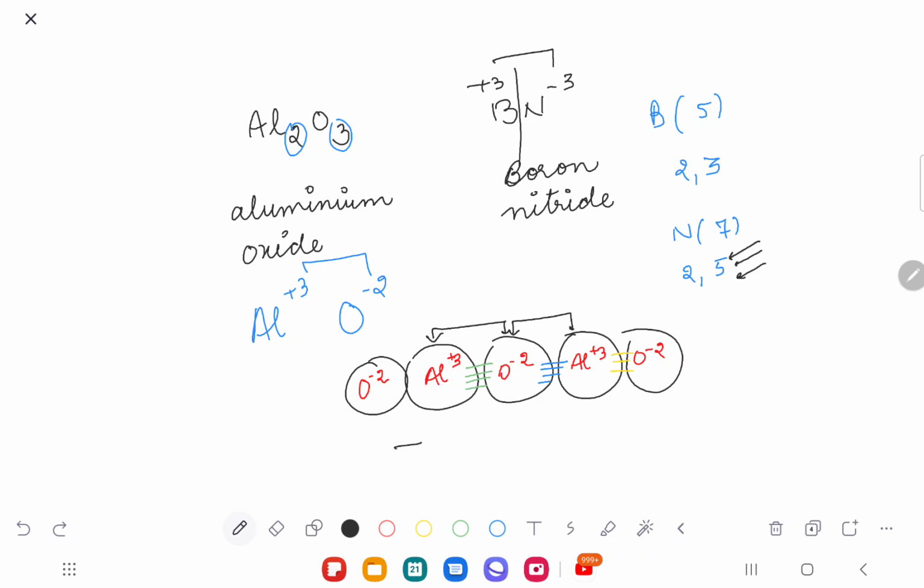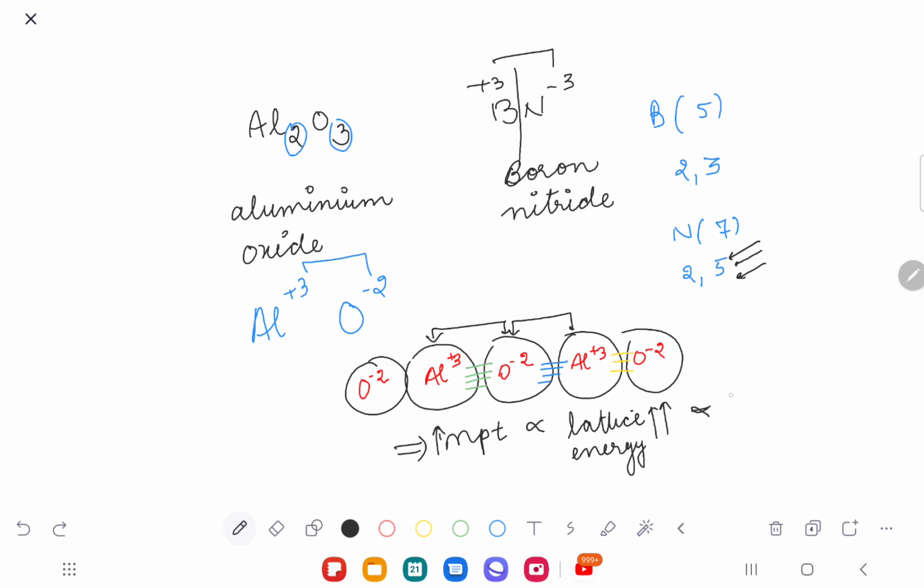So you have to say that the melting point is directly proportional, meaning that if the melting point is high, that is possible only if the lattice energy is high. And when is the lattice energy high?